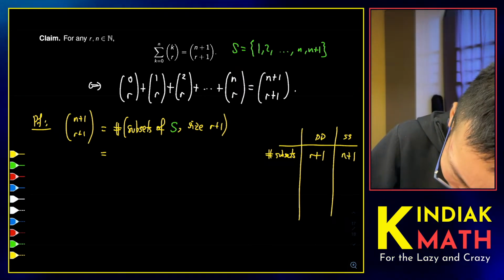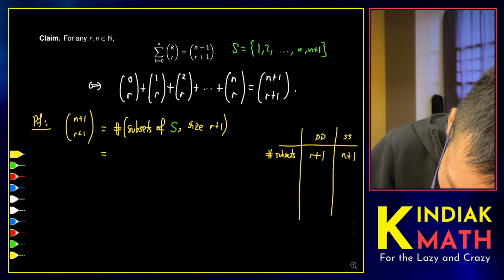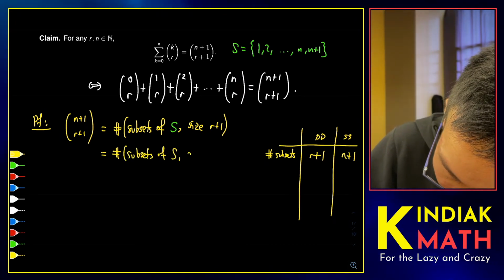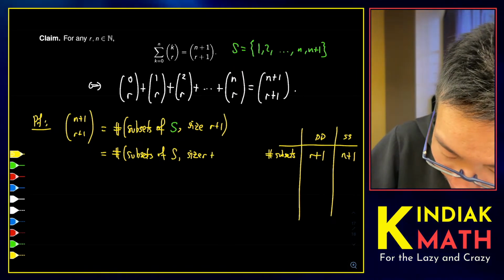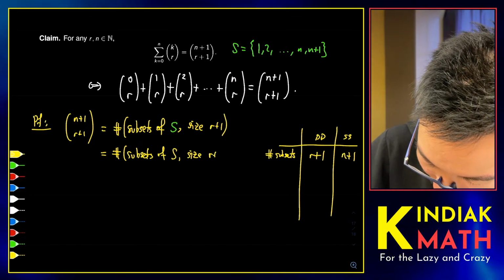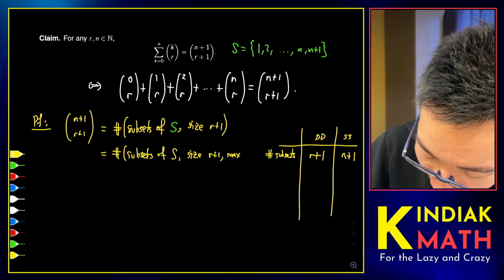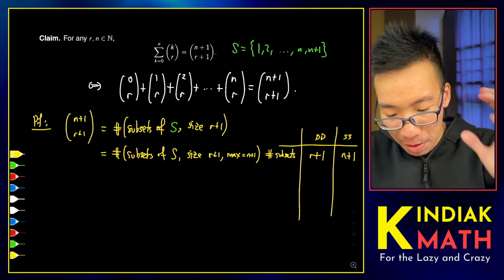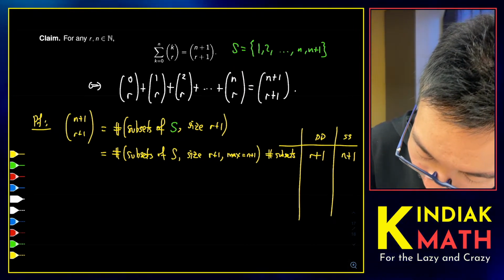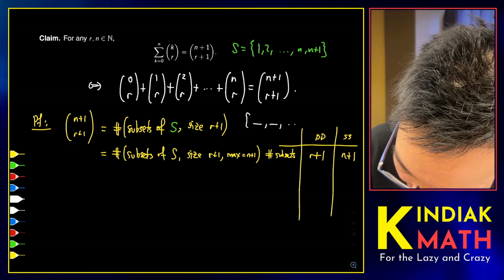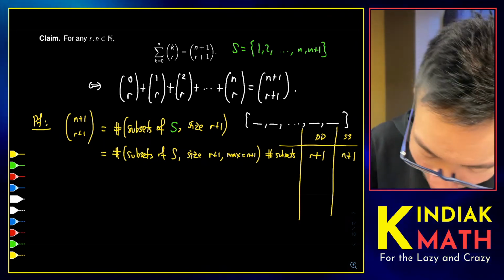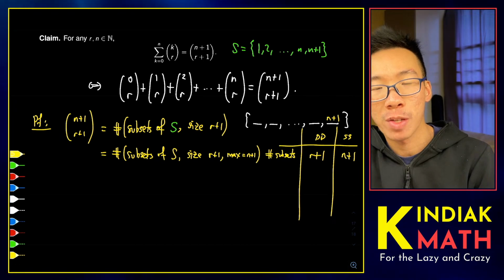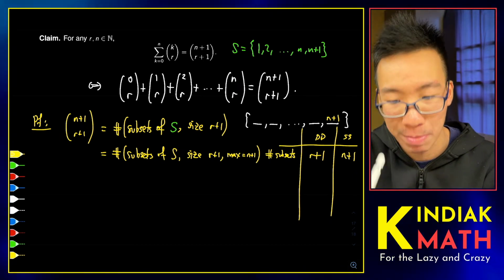So in other words, we could ask, how many subsets of S with size r plus 1 where the maximum is n plus 1? In other words, we're looking at the number of subsets, size r plus 1, where the maximum now is n plus 1. So you know that n plus 1 is there, furthermore, is the maximum.